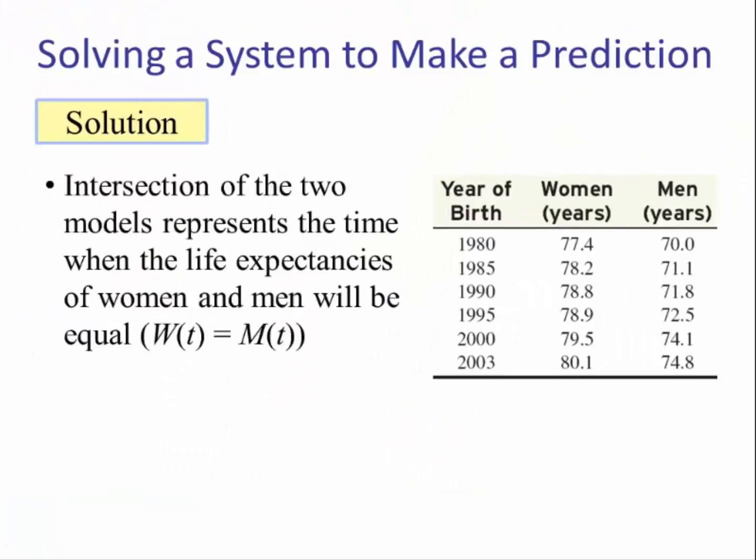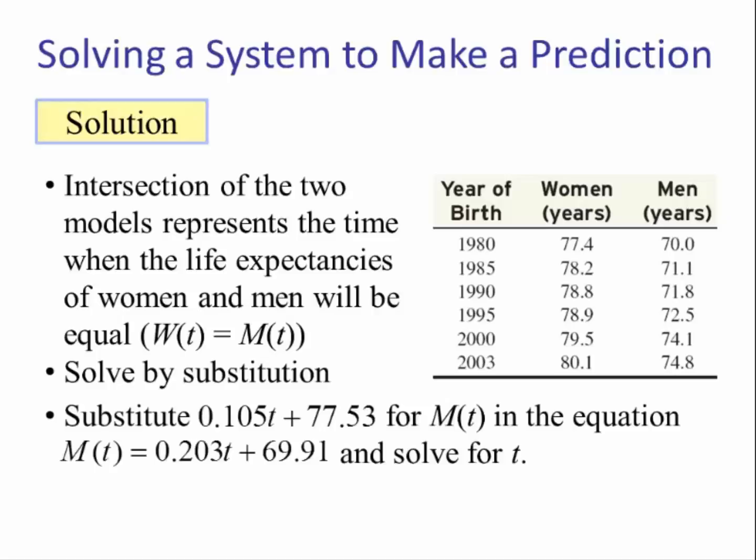The intersection of the two models represents the time when life expectancies of men and women will be equal. In other words, when W of t equals M of t. Again, we're going to solve this by substitution.